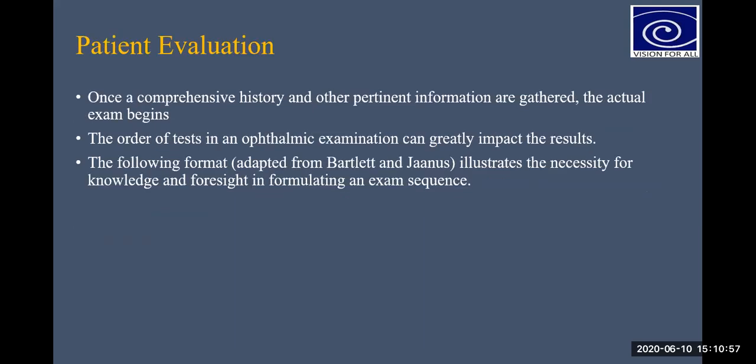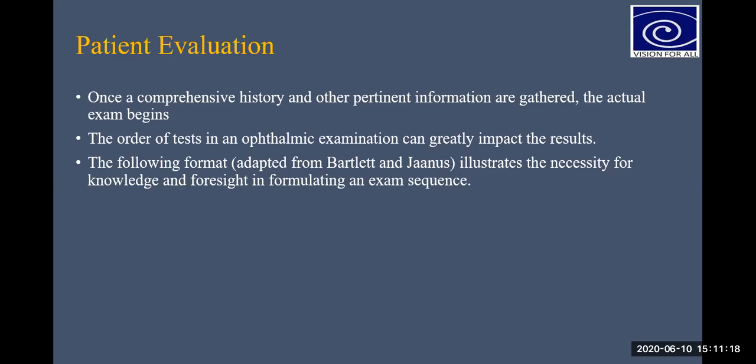And the second one is patient evaluation. So what are the things that we used to do in our clinic or any hospital? There is one format which is adapted from Bartlett and Jaanus. What is the sequence of the patient evaluation?